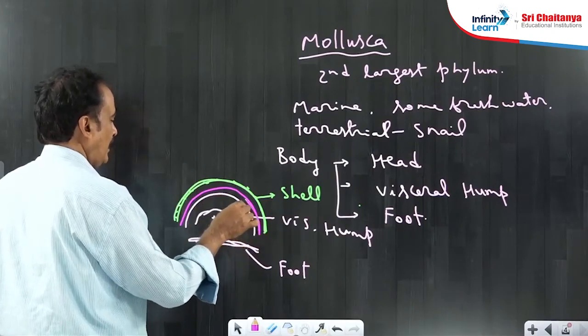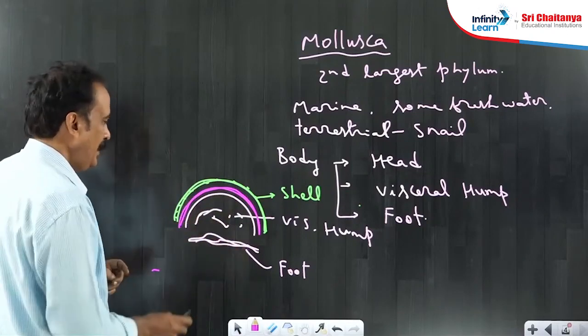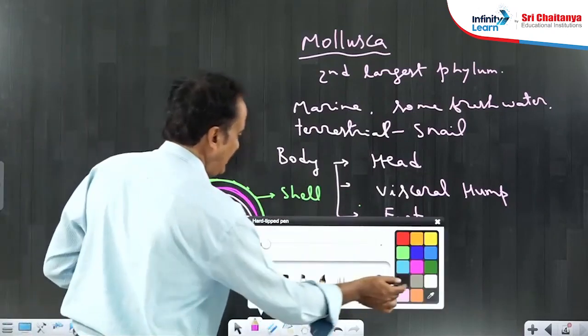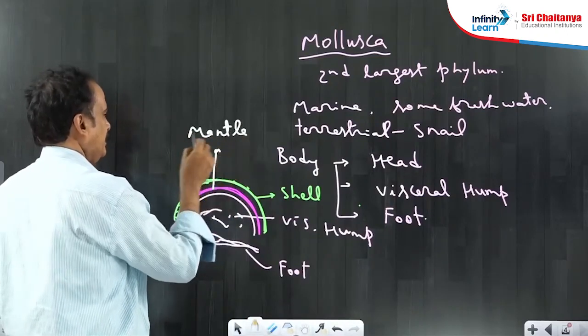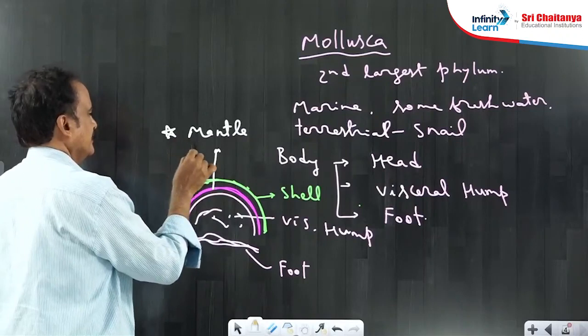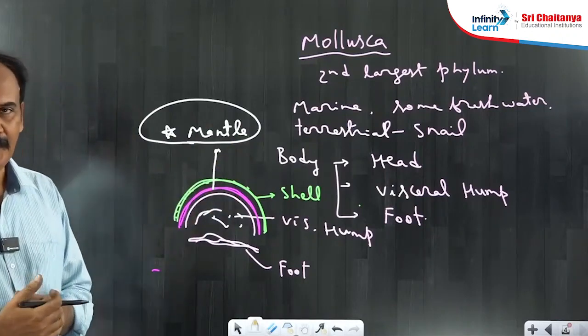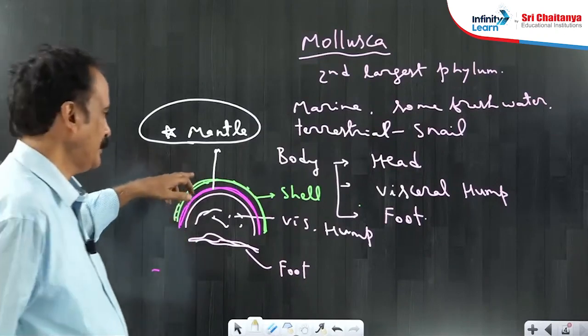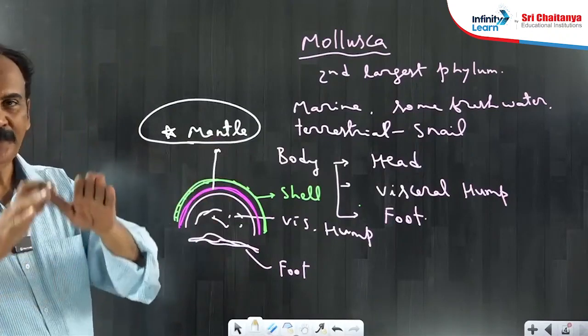The red line I am drawing here, this is the soft layer that covers the visceral hump, is named as mantle. So presence of mantle is unique to the phylum. Mantle is seen only in Mollusca.